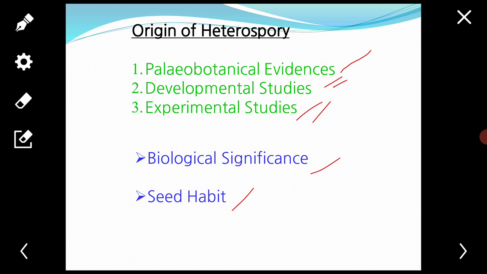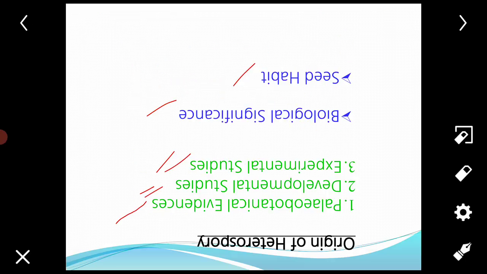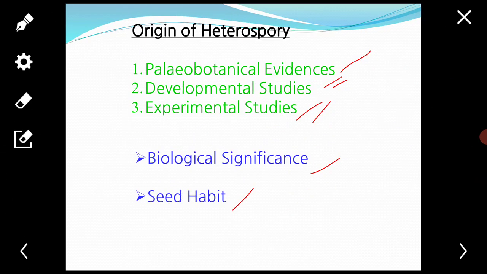The origin of seed habit is associated on the basis of the following. First, the production of two types of spores, means the heterospory. Second is the reduction in the number of megaspores, finally to 1 per megasporangium.